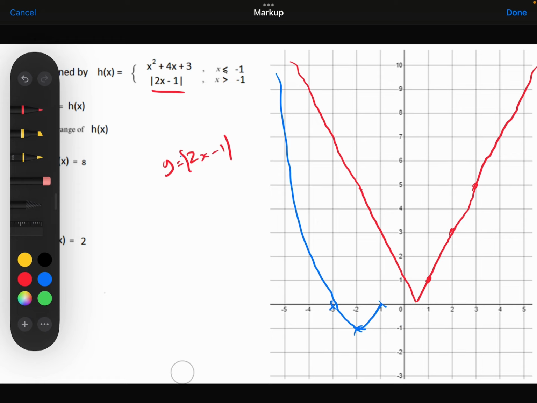So that's the graph of the modulus of 2x minus 1, but that should only be valid for where x is greater than minus 1. So only valid for these values here. So I'm going to rub the other bit out.